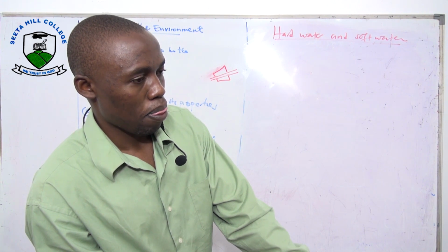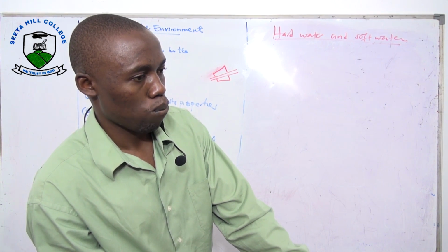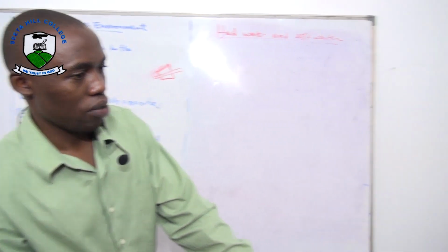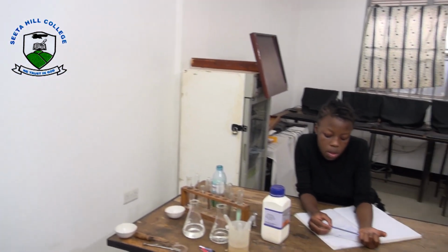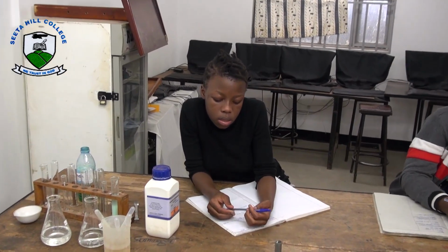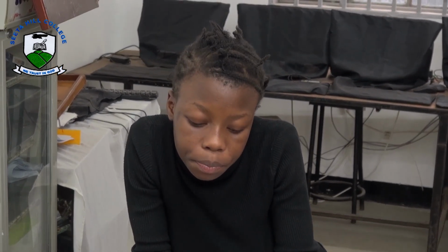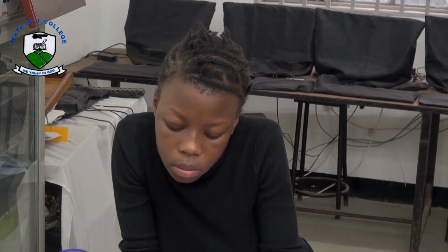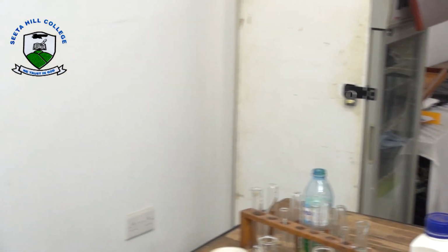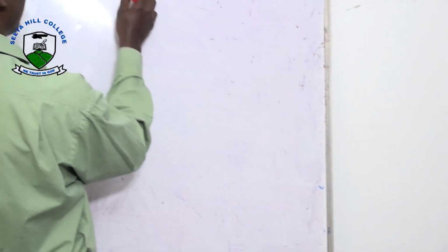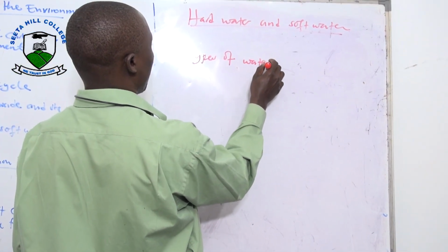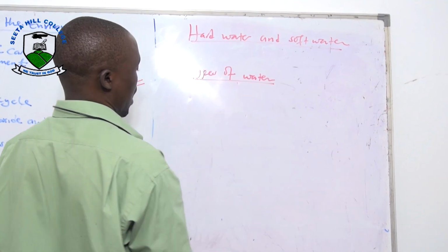Hard water is the type of water that does not form lather easily. The soft water is the type of water that forms lather easily. Now let me ask. That one is throwing us to types of hard water.